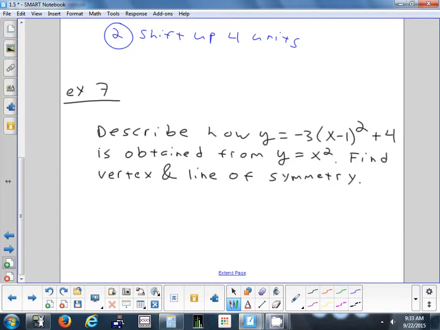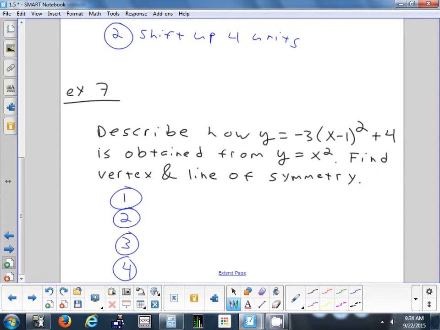How many transformations are happening here? Nope, not 3. 4. Four things are happening here. And again, thinking of PEMDAS, we would start inside the parentheses.